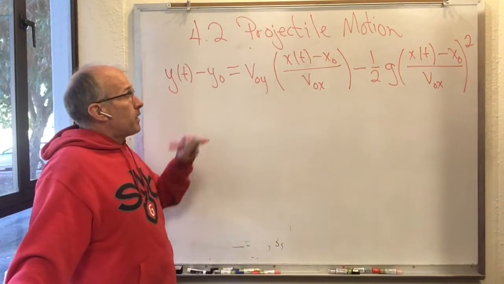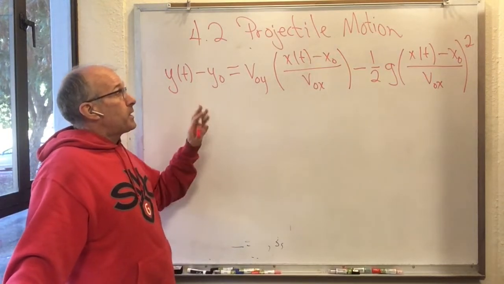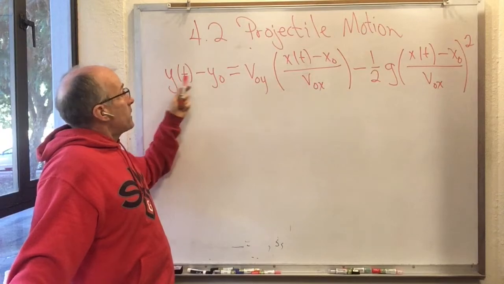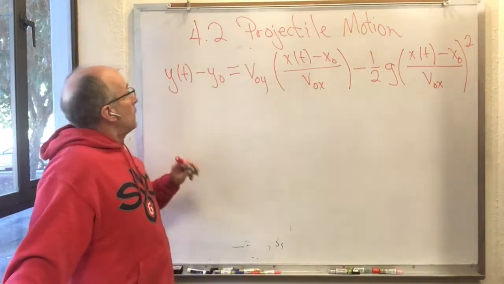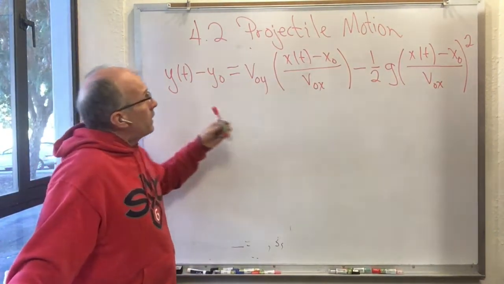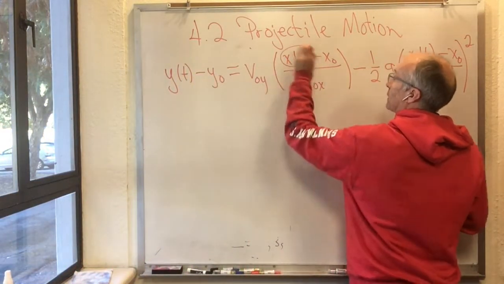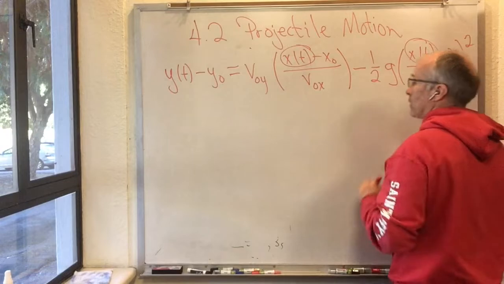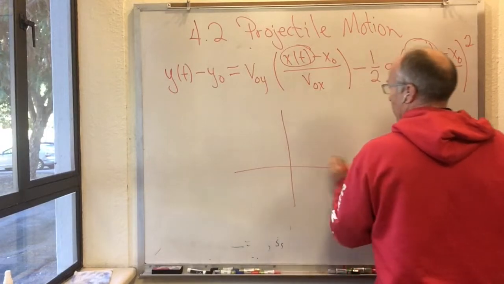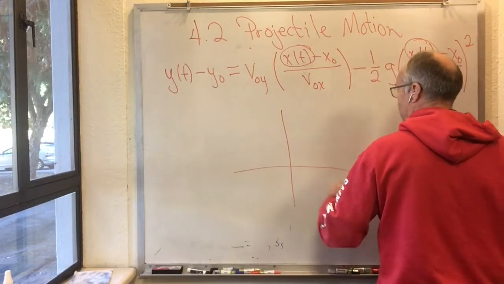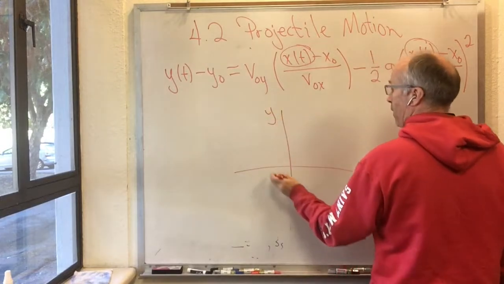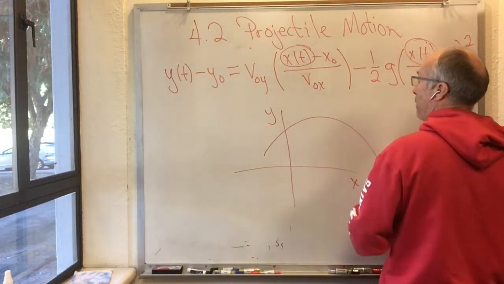And what we've seen here by eliminating t, so that y is now a function of x, is that y is actually a quadratic function of x. In other words, if this is x and this is y, the particle follows a parabolic shape.